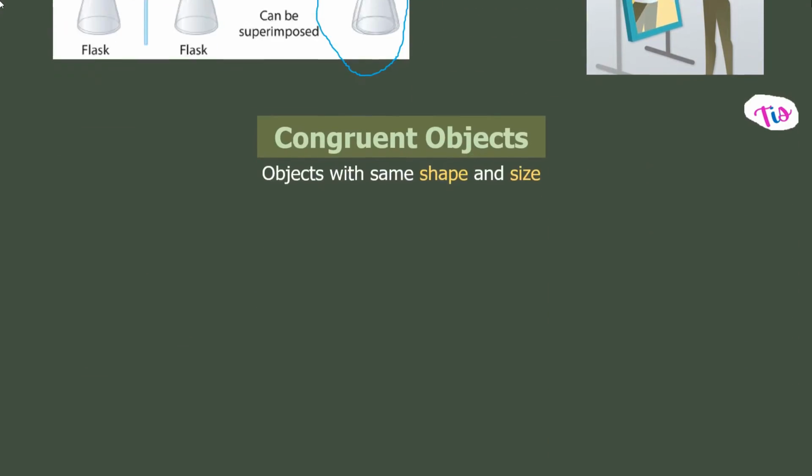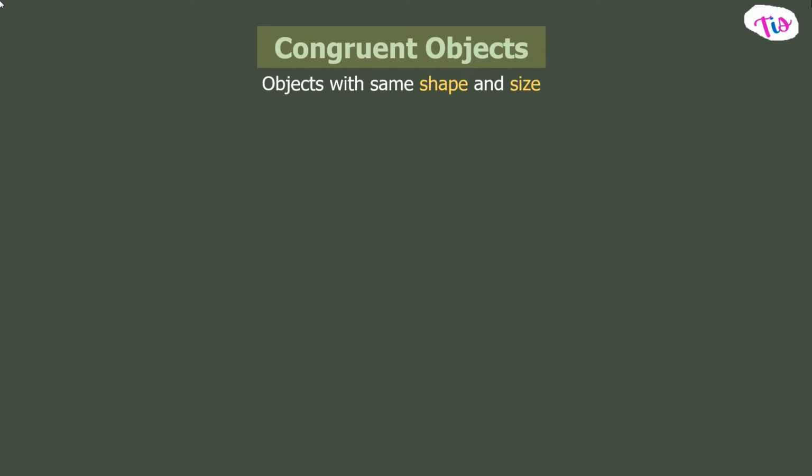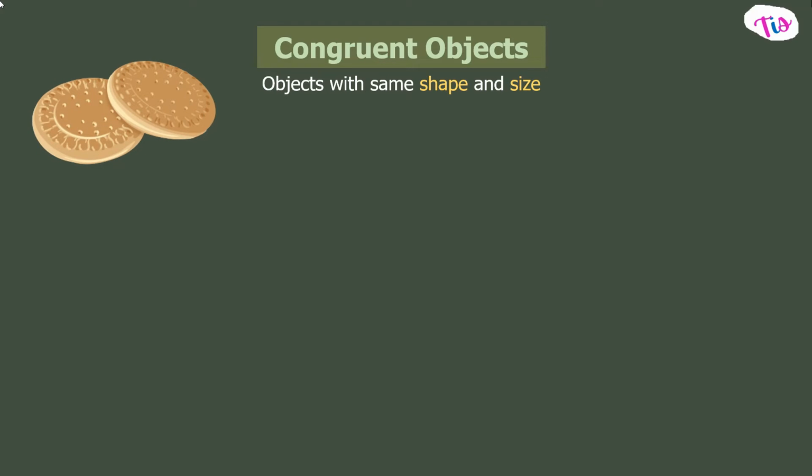Okay. Now let's talk about some congruent objects that you see in your surroundings or from your day-to-day life so that you get a clear picture of congruent objects. So biscuits, yes, biscuits are congruent objects that you see in your surroundings, like biscuits of the same brand. Let's take Hide and Seek. All the Hide and Seek biscuits are identical in shape and size, right? They are congruent.